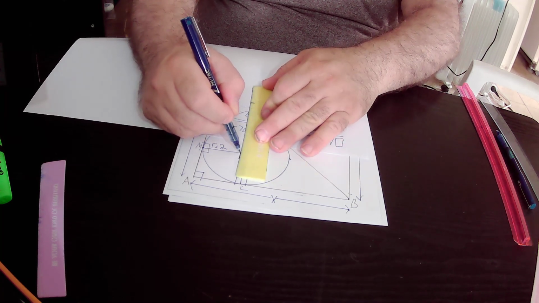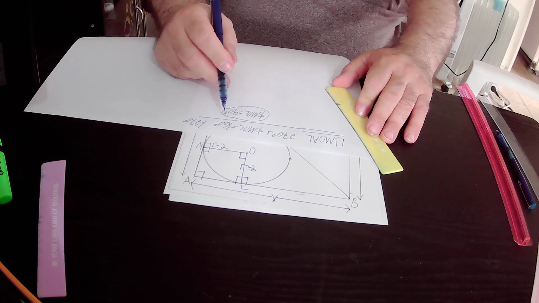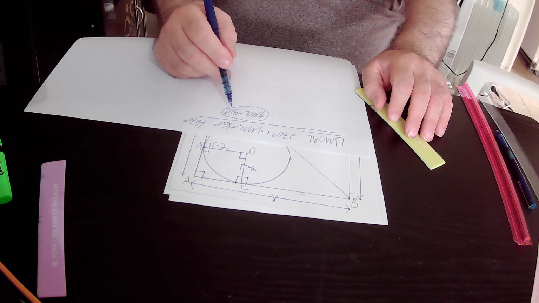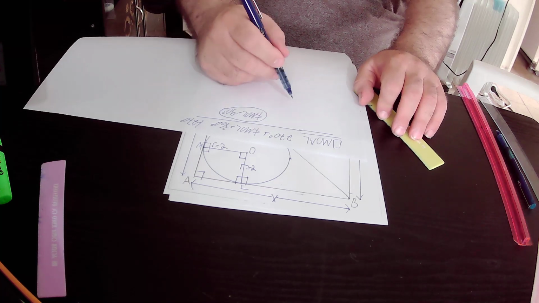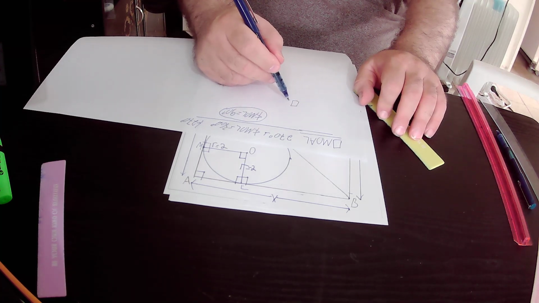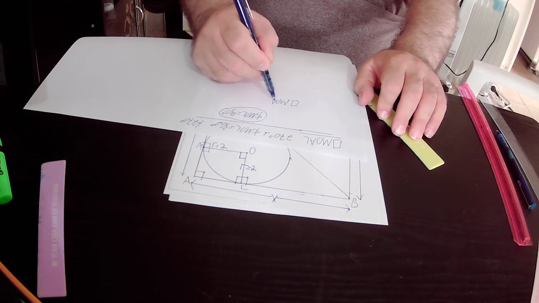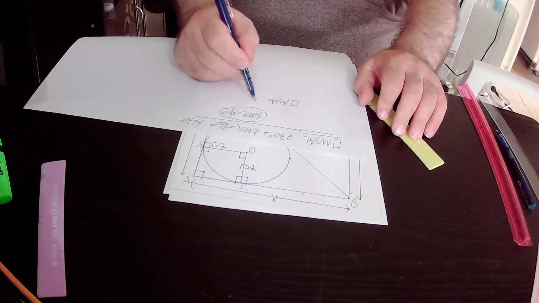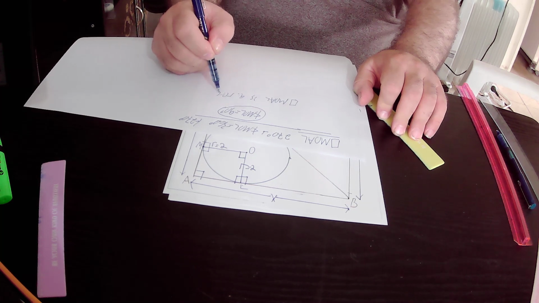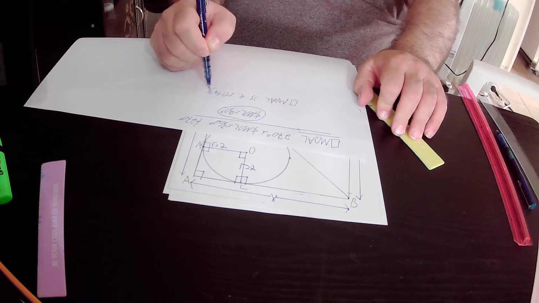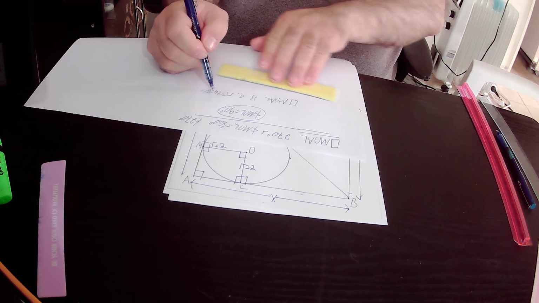So actually inside quadrilateral MOLA, we have 4 right angles. And any quadrilateral that has 4 right angles must be at least a rectangle. So we relate to quadrilateral MOLA as a rectangle. Okay.